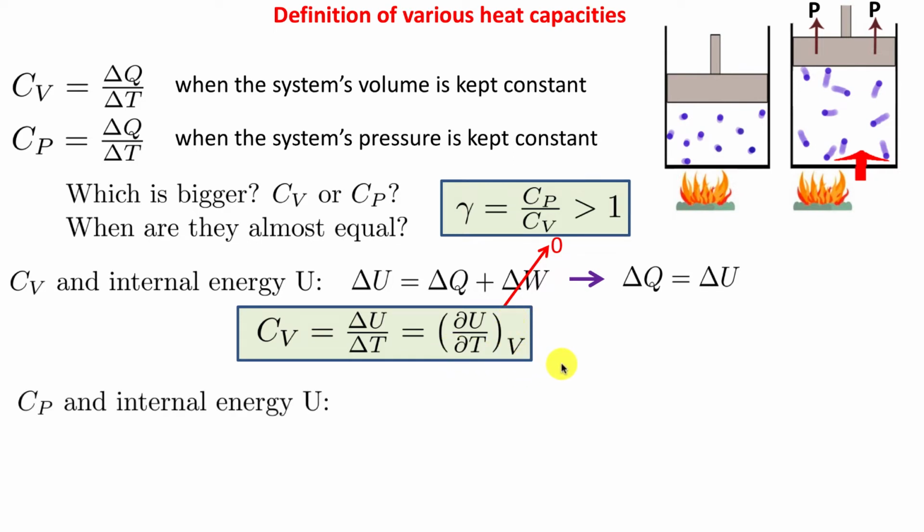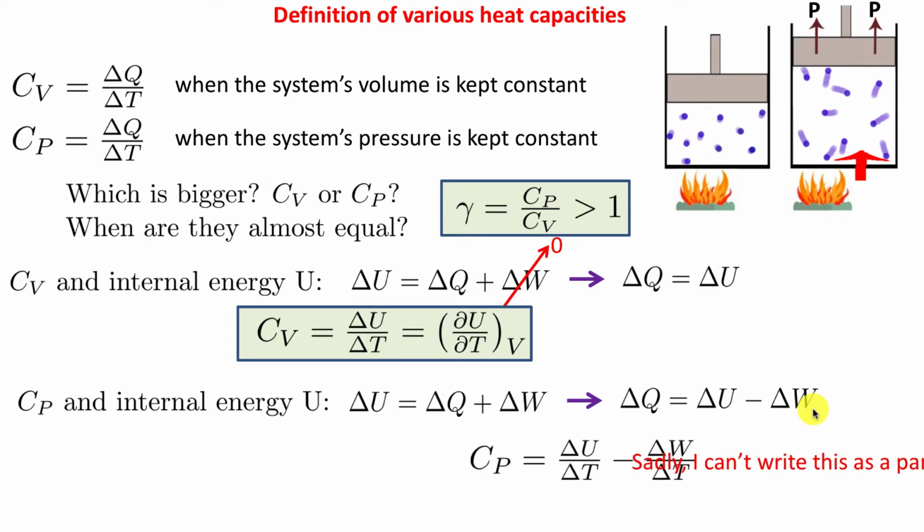Well, what about Cp? And how is it related to the internal energy? Here, again, it is the first law of thermodynamics, and that says that delta Q is equal to delta U minus delta W. Remember that delta W is the work done on the system, not by the system, but the work that you did, not what the system did. That makes a difference in sign.